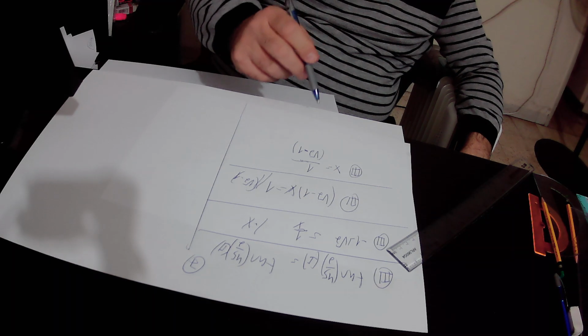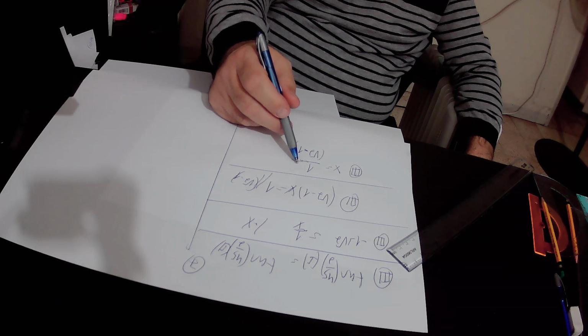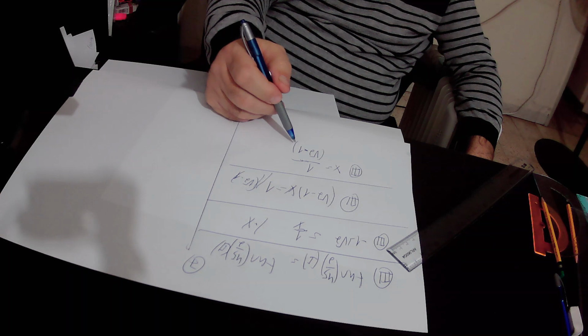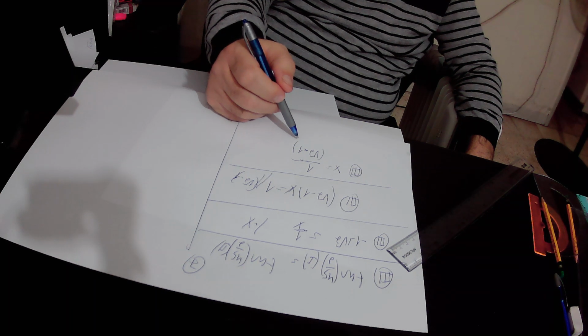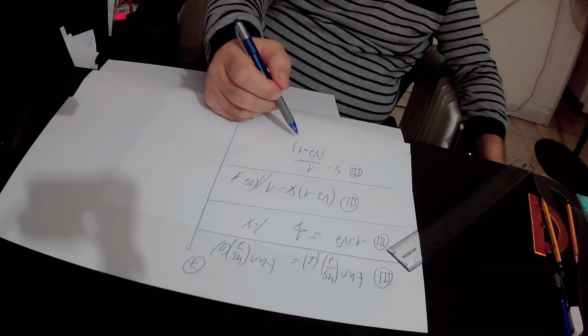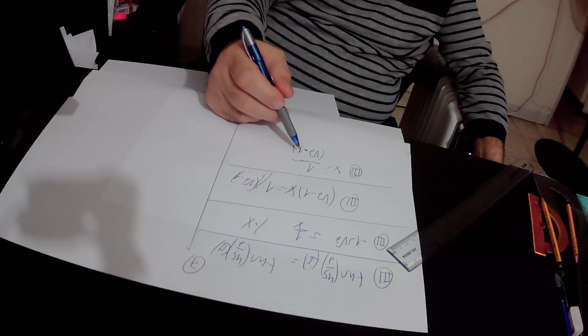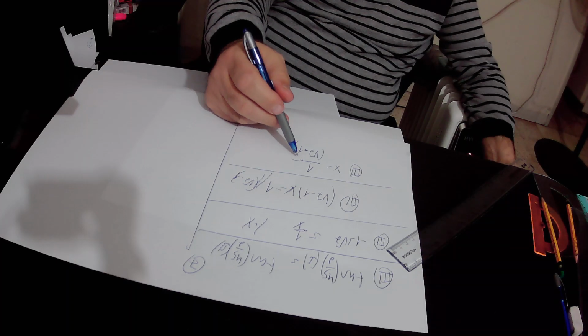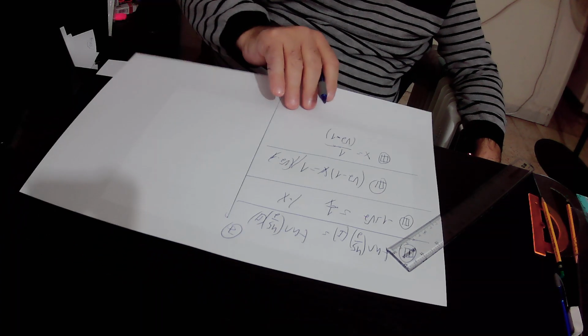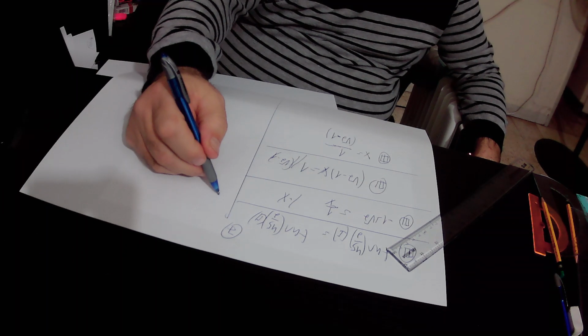Here we will multiply this side of the equation by square root of 2 plus 1, and then we will divide it by square root of 2 plus 1. Square root of 2 plus 1 over square root of 2 plus 1 is 1. So we actually multiplied this side of the equation by 1, so we change nothing. Therefore, this operation is allowable.